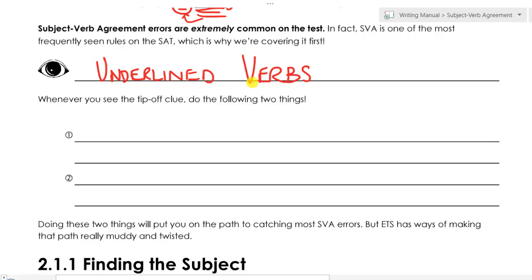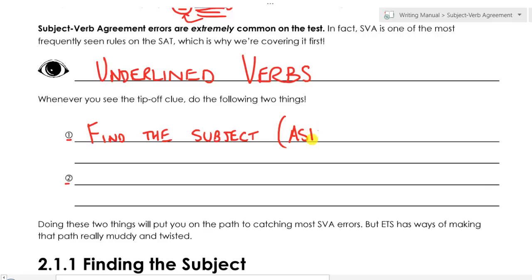In these two numbers right here, what we're going to do is write down what we need to do every time we see an underlined verb. The first thing that we need to do is find the subject. For many of you, that might be very simple. I'll give you guys a little hint.